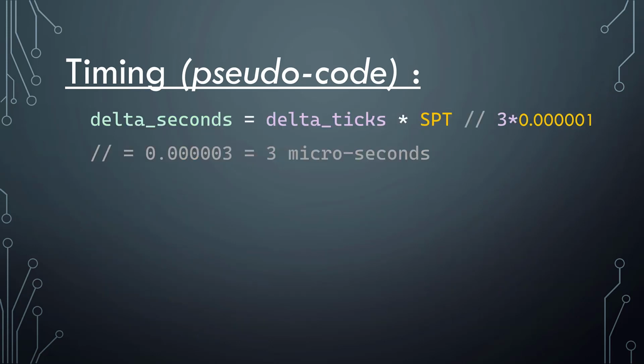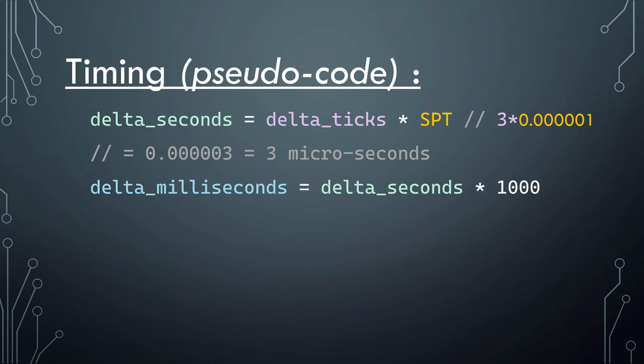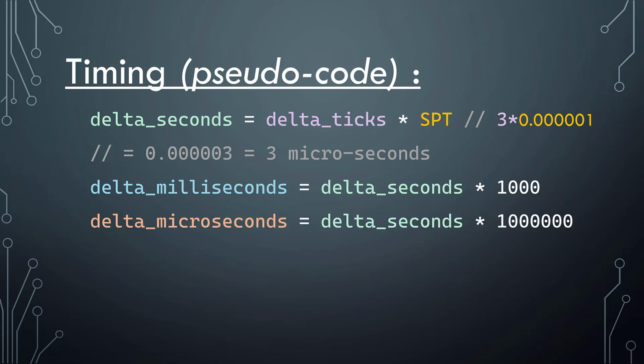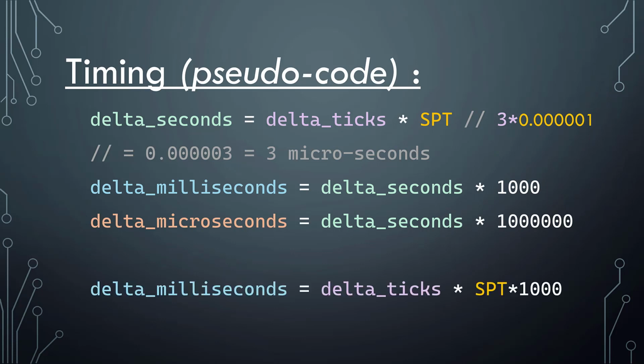Now, let's say we actually want whole numbers to represent time, specifically some fractions of a second, like microsecond or millisecond. A millisecond is going to be our delta seconds times 1,000, because that's how many milliseconds there are in a second. And if we want microseconds, it's 1,000,000 of that.